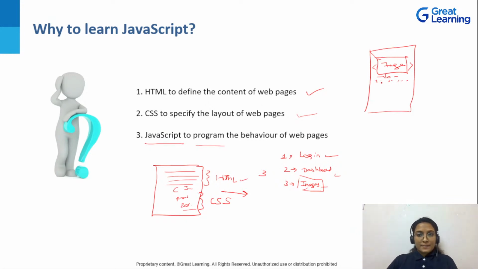So it will be sliding one after the other after a few seconds, accordingly whatever you set for the timing, 2 seconds each. These kinds of transitions or operations, making your web pages live, you can do by using JavaScript, right? So this is why you have to learn JavaScript, including HTML, CSS, in order to make it live, good looking, and having good transitions inside your web pages. Hope this is clear.